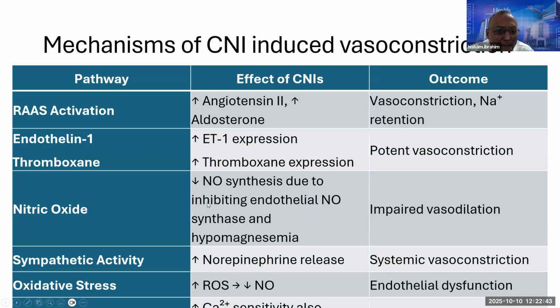And then you have the issue of nitric oxide deficiency: decreased synthesis due to decreased nitric oxide synthase, and hypomagnesemia also contributes to decreased nitric oxide. So these all conspire to reduce vasodilatation. Also, there's increased sympathetic activity, and hypomagnesemia seems to aggravate this more.